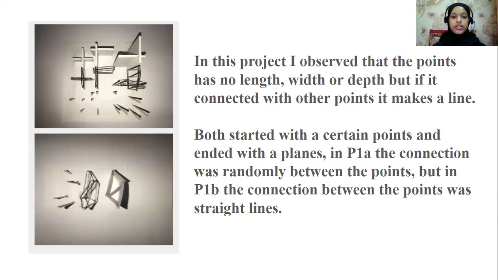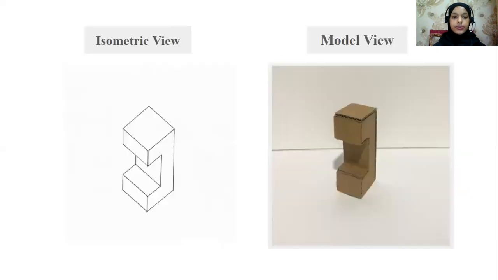Both of these models started with a certain point and ended with the planes. In project 1A, the connection was kind of random, but at the end, it made a straight line between the points. But in project 1B, the connection between the points was straight all the way.